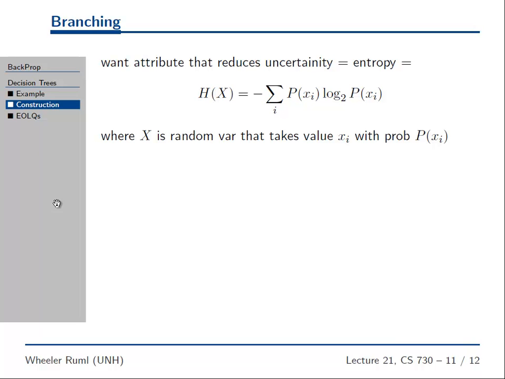So you look at all the different values in the distribution: what's the probability of that value times the logarithm base 2 of the probability of getting that value.